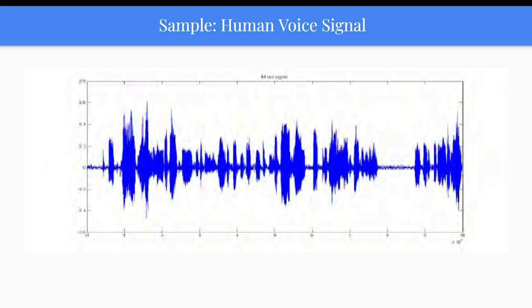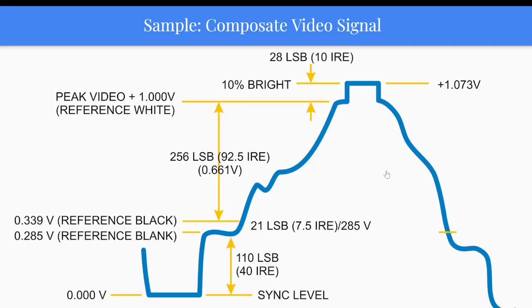So to capture human voice, you need to sample the signal at least at 40 kilohertz, because 2 times f max. Okay, and that is an example of a composite video signal.